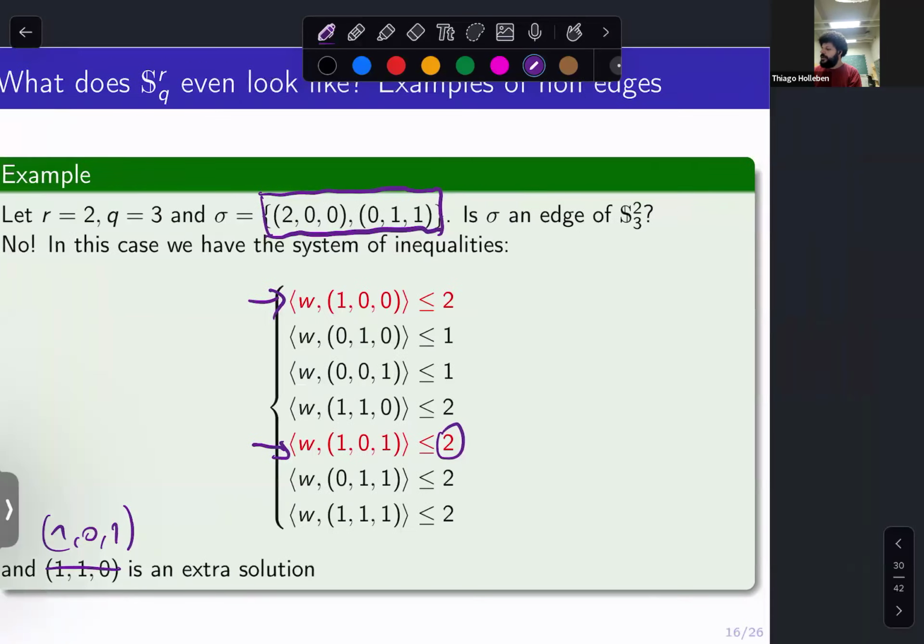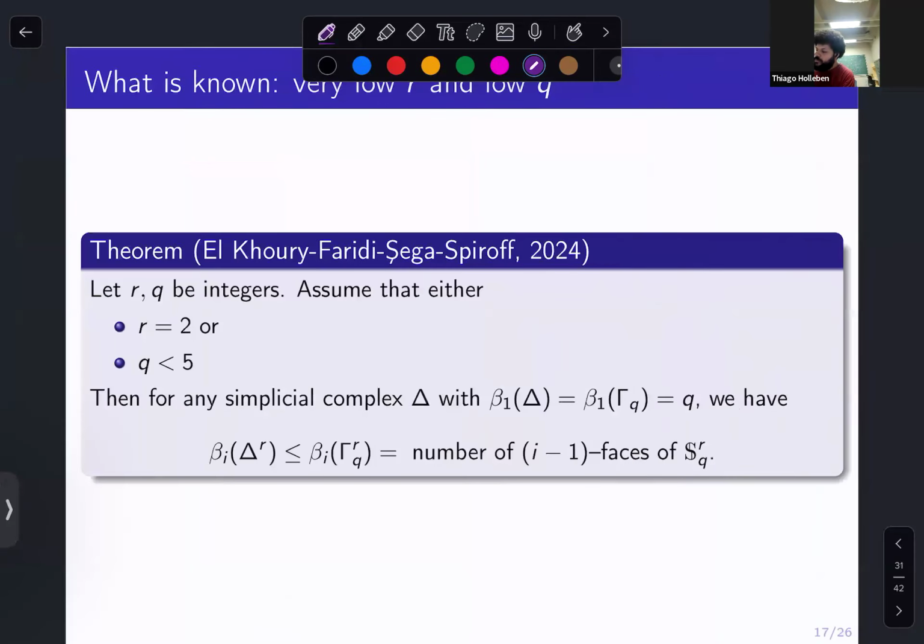Okay. Now, in terms of what is known, what ends up being the case is that we only know answers, basically any answer, when either R or Q are low. And in some cases, they have to be very low. So for example, one thing that they showed when they made the conjecture, it's the same group of people, is that if R is equal to 2 or Q is less than 5, then their conjecture is true.